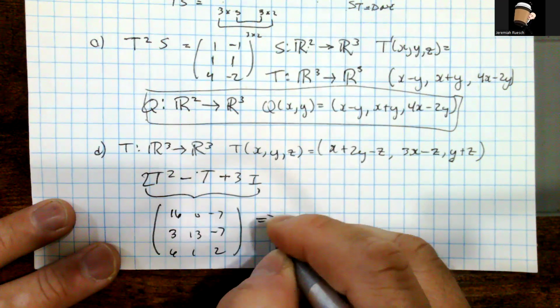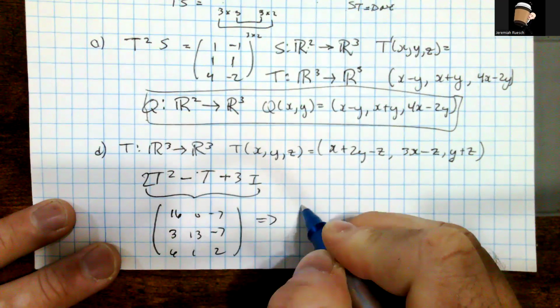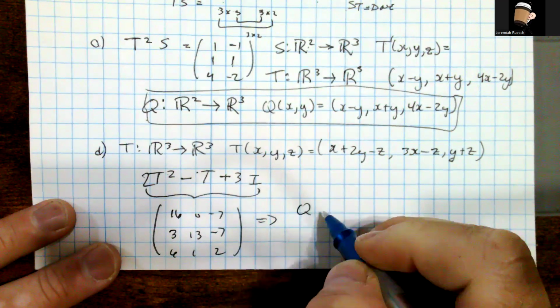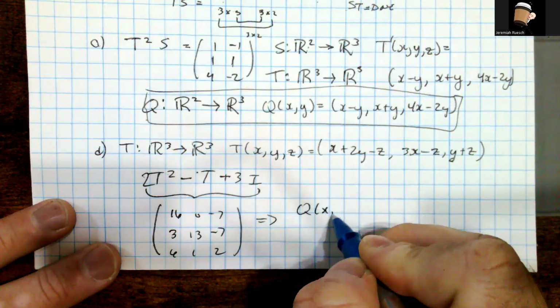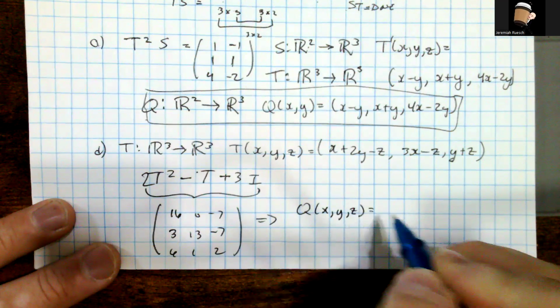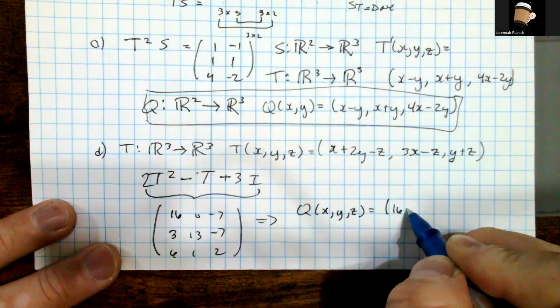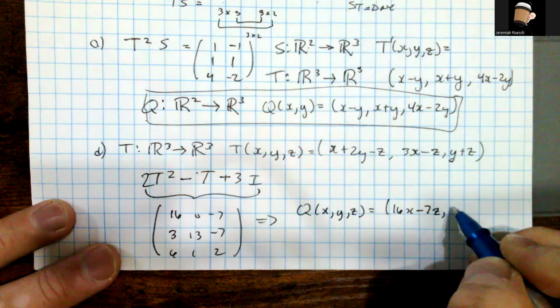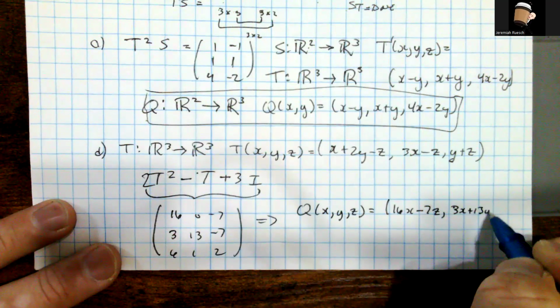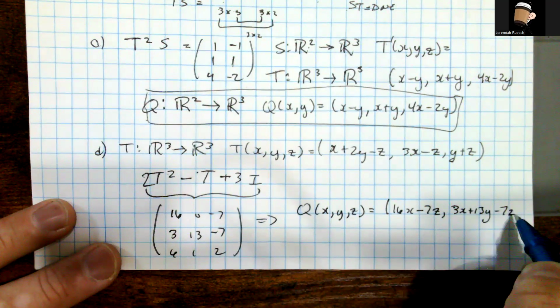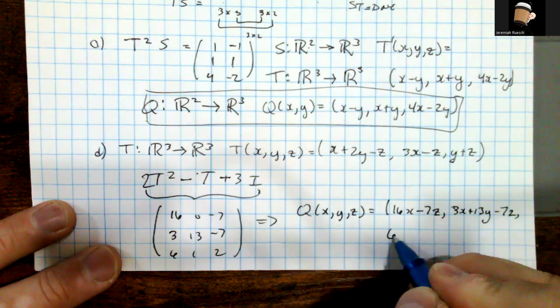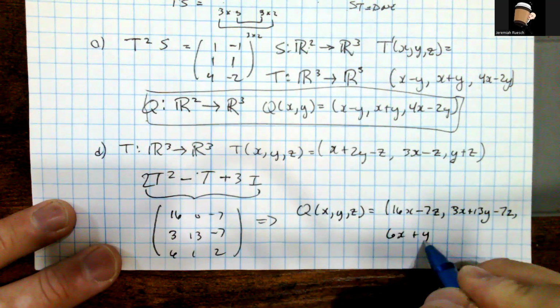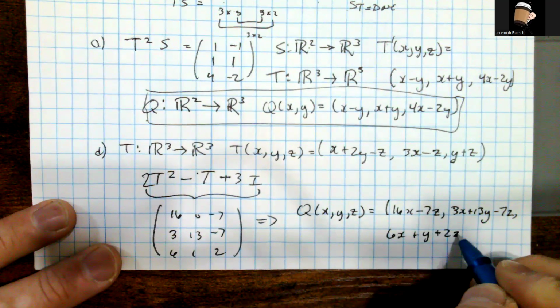Which we can then write as, we'll call it Q again, of x, y, and z is given by 16x minus 7z, 3x plus 13y minus 7z, and 6x plus y plus 2z.